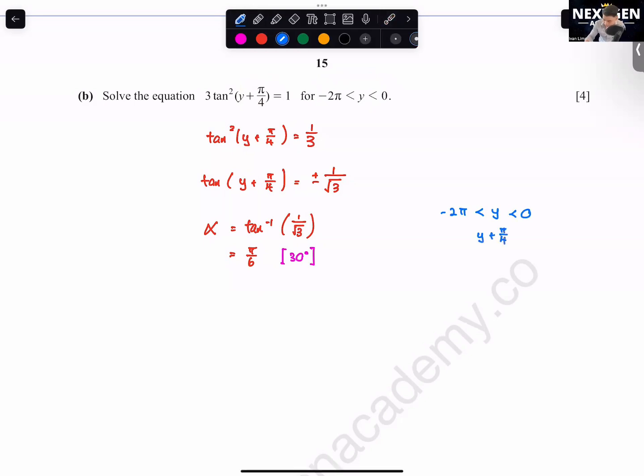That means they want here negative 7 over 4 pi to pi over 4. Okay, in terms of degrees, the domain of the angle that they want is from negative 315 degrees all the way to 45 degrees. Okay, understand this part here?